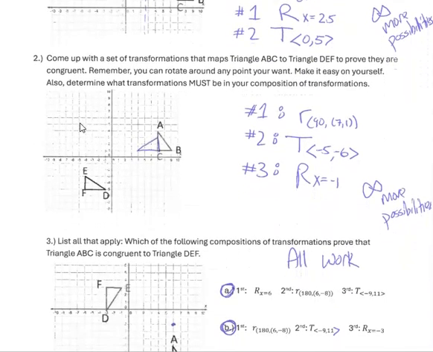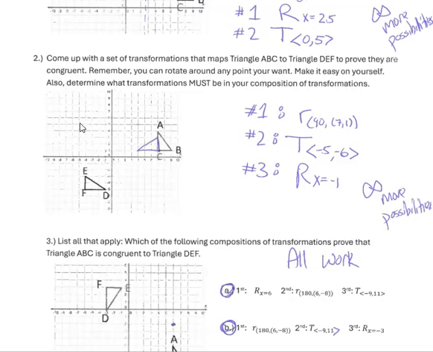Now this next one is come up with a plan. When I'm looking at this, I can see there has to be a rotation in there somehow. A beautiful thing is you don't have to rotate around 0, 0. You can, and you could use your rules, but sometimes that gets a little tricky. You can rotate around whatever point you want. So in this case, I rotated around point C, which is 7, 1. So I rotated by 90 degrees around 7, 1.